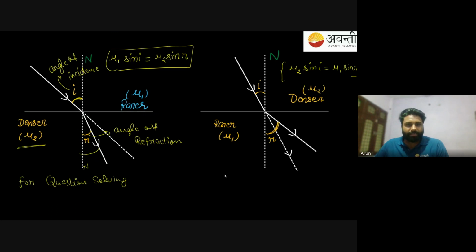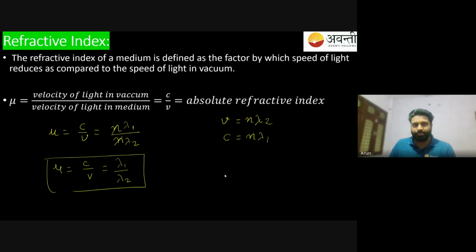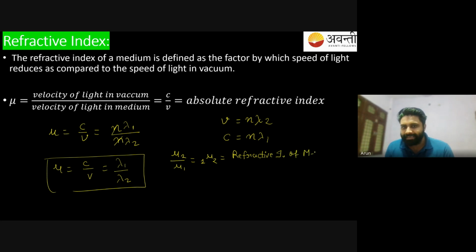Refractive index, the relative part I have to tell you. In the relative part, this mu2 by mu1 I have termed as 1 mu 2. This is the refractive index of medium 2, not 1, you have to go in this direction.